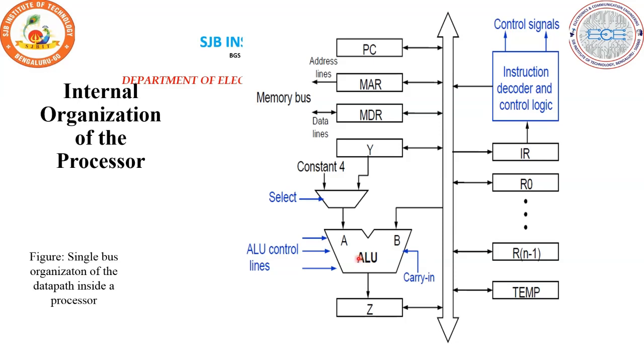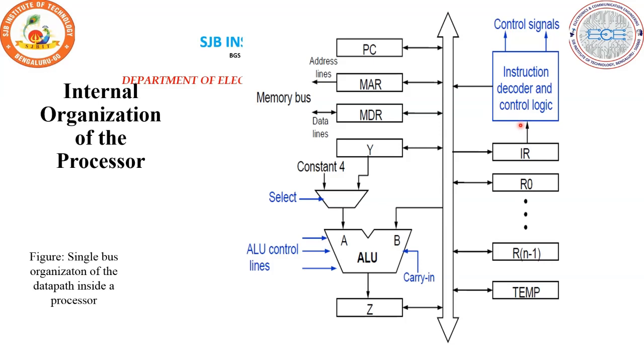The decoder generates the control signals needed to select the registers involved and direct the transfer of data, whether data is to be read or written, read from the external bus or written into the external bus, taken from the MDR, or moved to Y. All of that is controlled by this instruction decoder and the control logic.